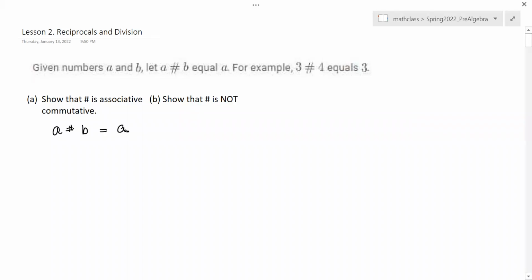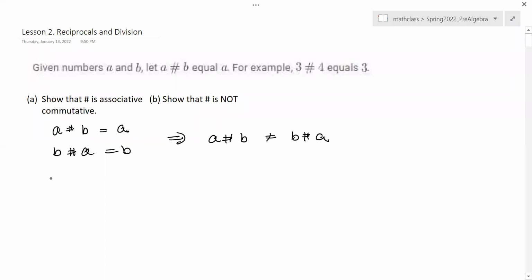And you want to prove that this is associative, but not commutative. The reason it's not commutative is clear, because b plus a is going to be b. So in general, a is not going to be b plus a. So that's why it's not commutative.